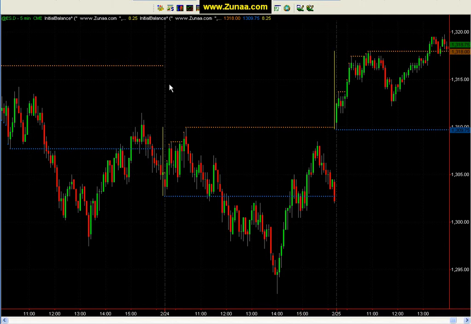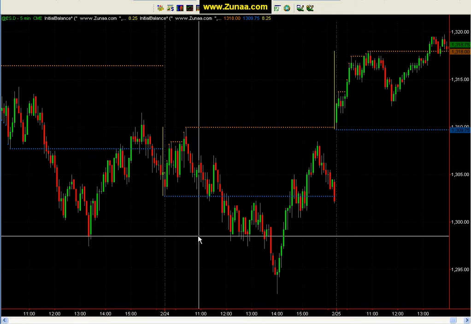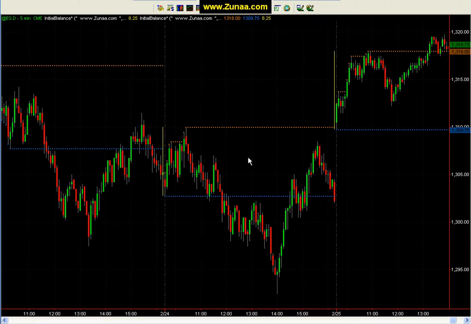So if you want to look at a 5-minute initial balance, or 10, 20, 30, 50, 60, 70 minutes, and so on, just keep going, as long as it's less than or equal to the range of minutes within a session, then this indicator will apply.